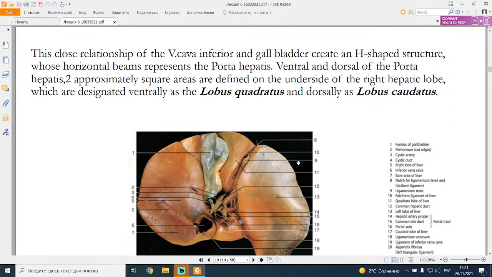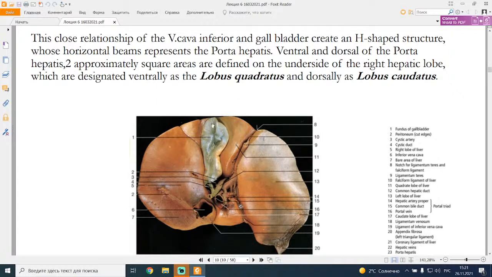The close relation of the vena cava inferior and the gallbladder creates an H-shaped structure whose horizontal beam represents the porta hepatis.